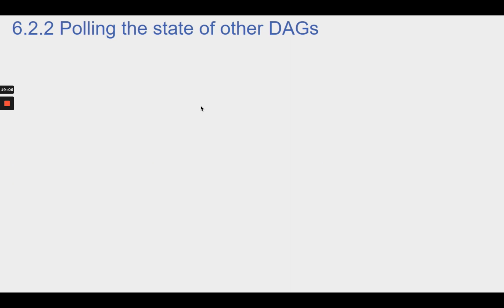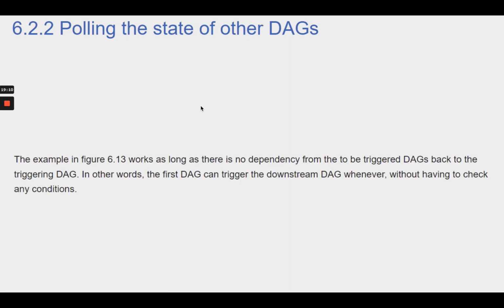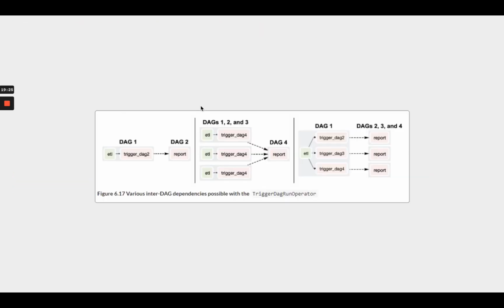Section 6.2.2, Polling the state of other DAGs. The example in figure 6.13 works as long as there is no dependency from the to-be-triggered DAGs back to the triggering DAG. In other words, the first DAG can trigger the downstream DAG whenever, without having to check any conditions.